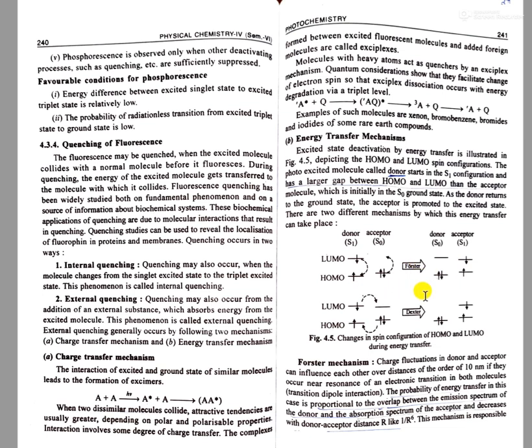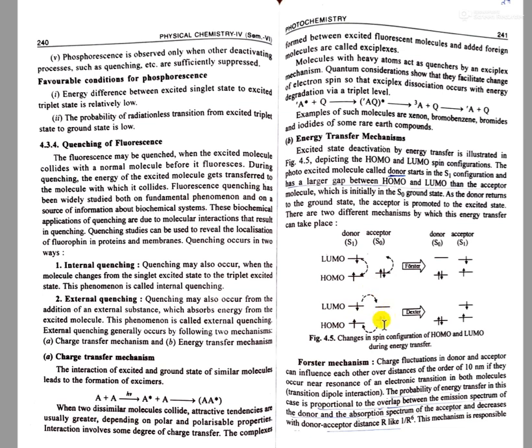Whereas in a Dexter mechanism, it is considered that an electron from the LUMO of the donor is transferred to the LUMO of the acceptor. At the same time, an electron from the HOMO of the acceptor will be transferred to the HOMO of the donor.